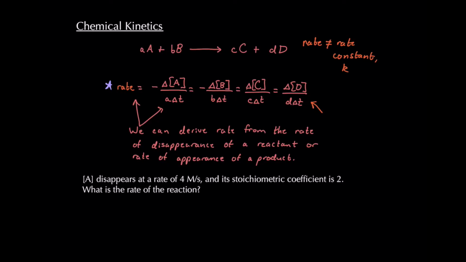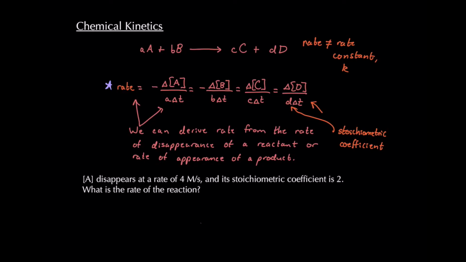And in the denominator, we have something called the stoichiometric coefficient. So that's how many molecules are undergoing the reaction per cycle of the reaction. And our delta T is, of course, how much time has passed given that concentration change.